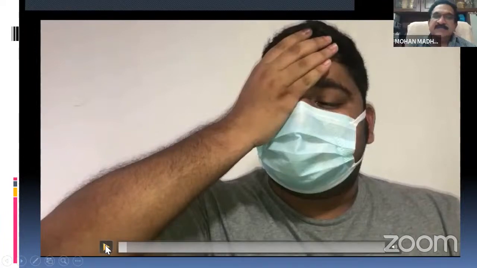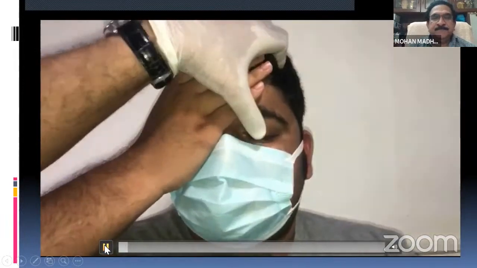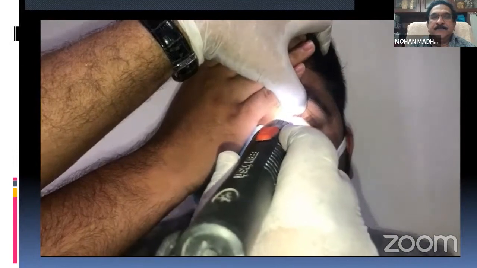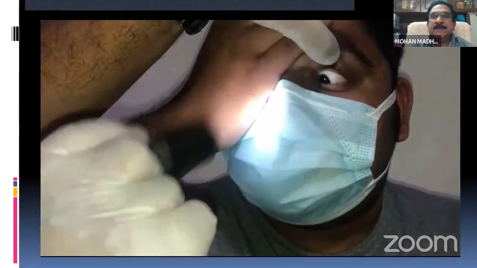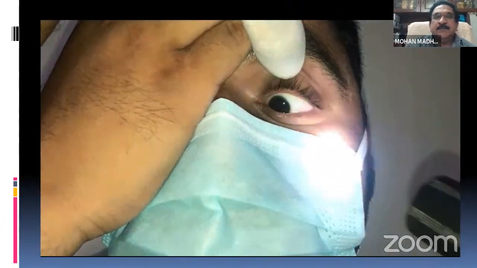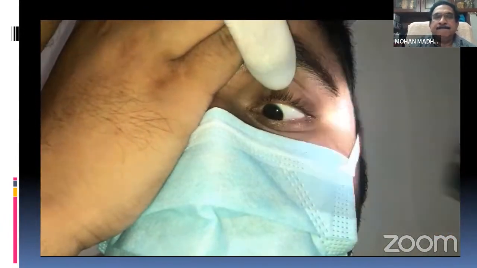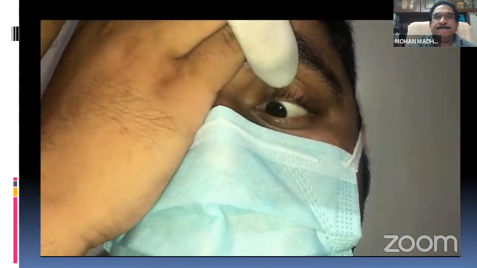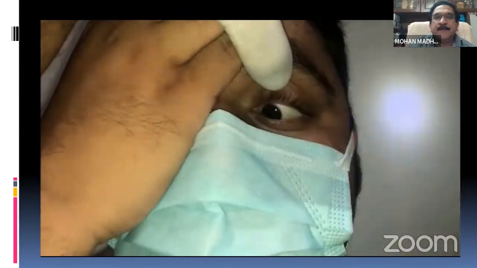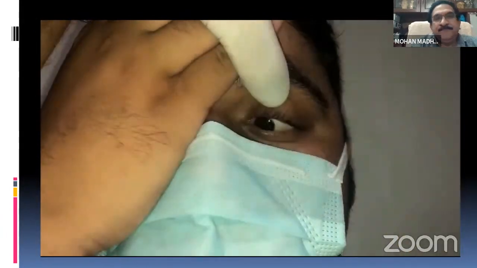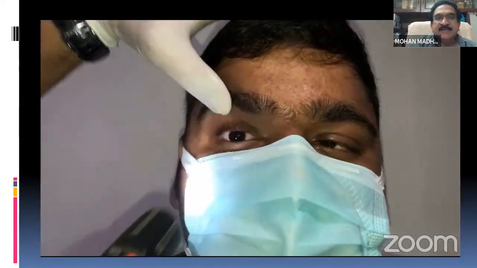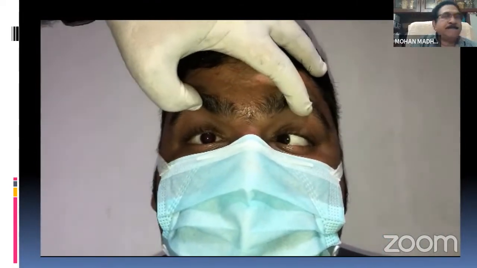Now, examining the vision, is it able to see? Is it able to see the light? The pupil is reacting normally. Beautiful reaction. On the right eye, pupil is dilated, not reacting.